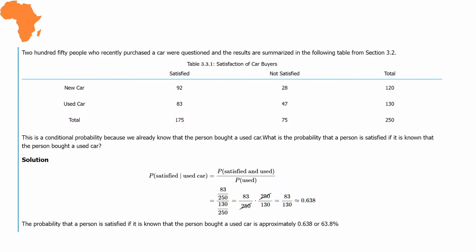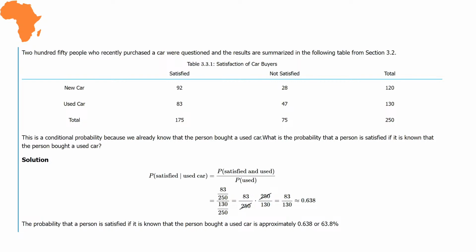We said satisfied and used. You remember? We were doing it as a cell. So, 92 over 250. You remember that? But now we are saying given. Probability of disease positive given testing positive.